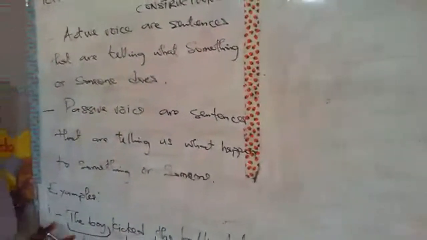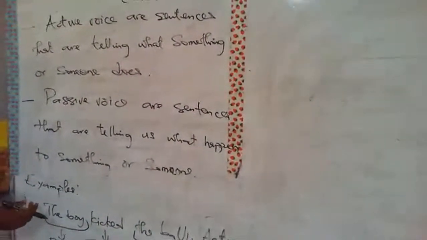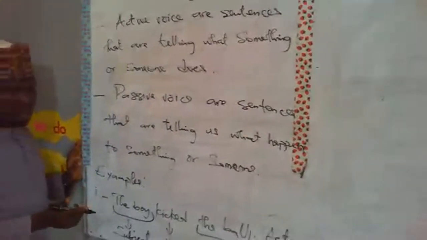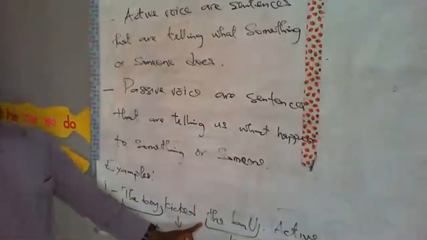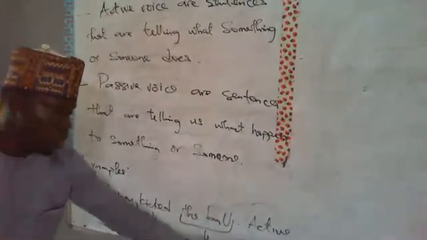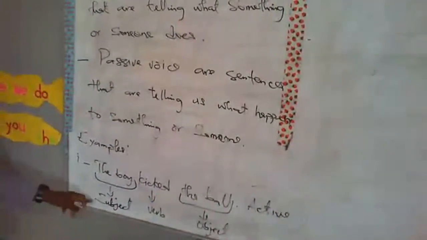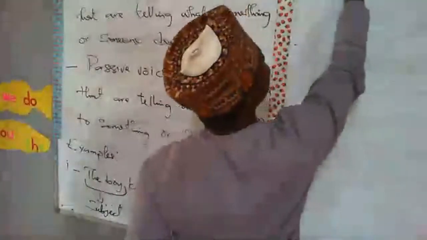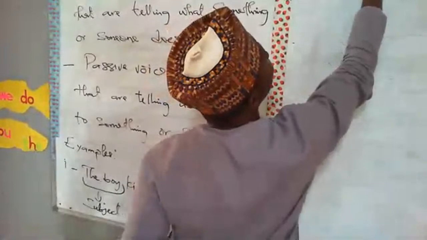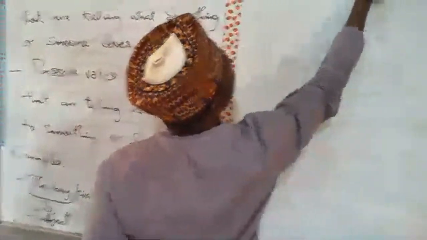If you want to change an active sentence into passive voice, this is what we are going to do. Don't forget, this is our object. You can bring the object, which is at the end of this sentence, to the position of the subject. We are going to have something like this: the ball was kicked.